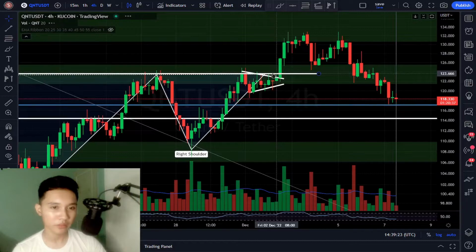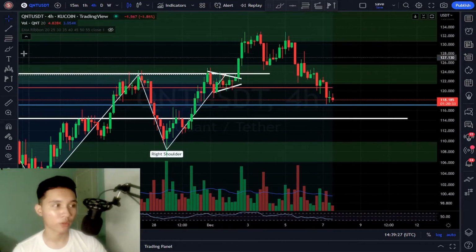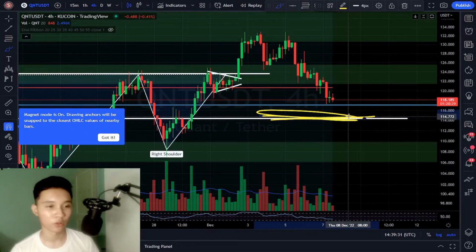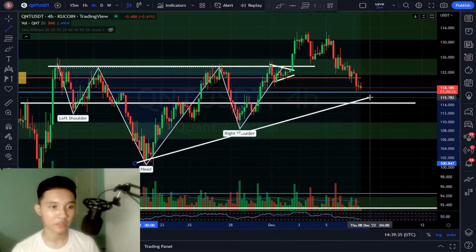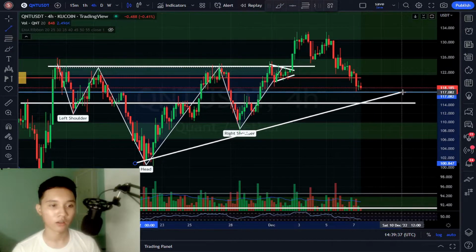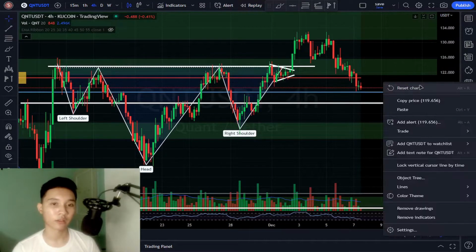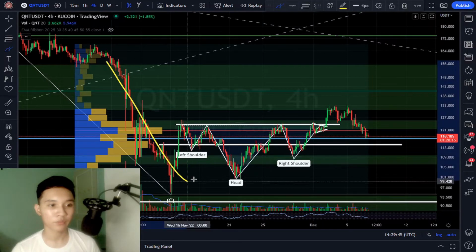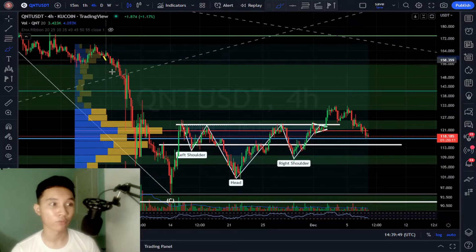So again, in the 4-hourly time frame, it is also important for Quant to hold this level right here, $114, in order to keep the bullish structure. A break below that means it looks like this overall move, basically this overall rally to the upside, was a massive corrective wave.